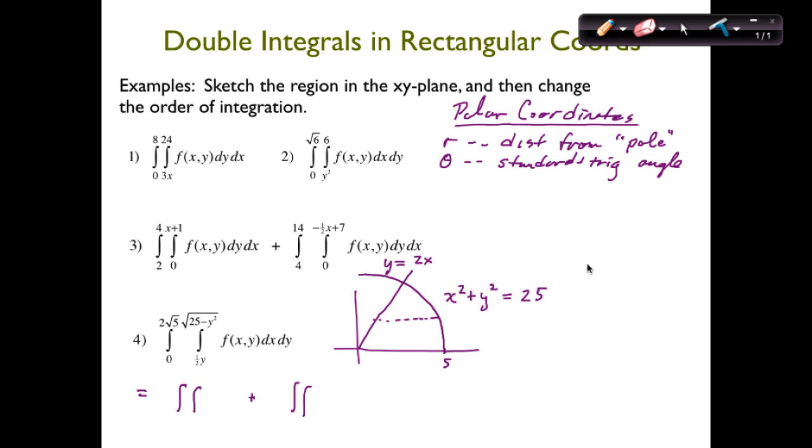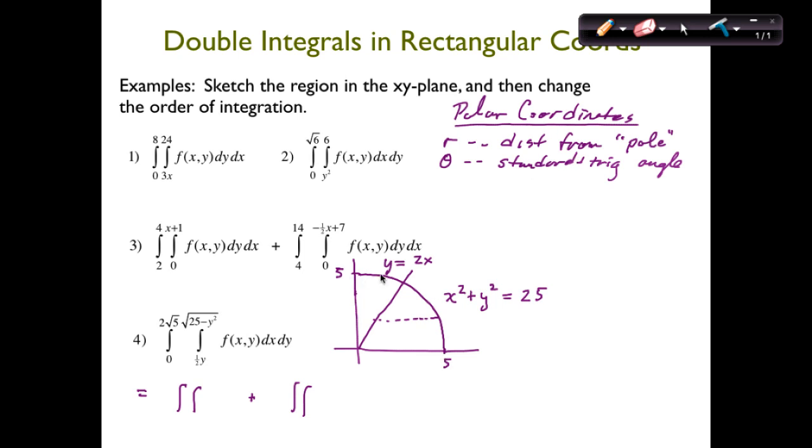Okay, so looking at this circle, how is this circle related to r and theta? What can you say about all the points on this circle in terms of distance from the pole or standard trig angle?